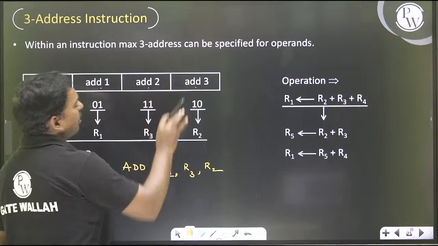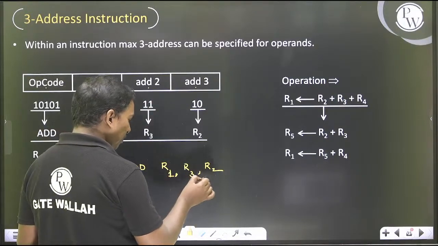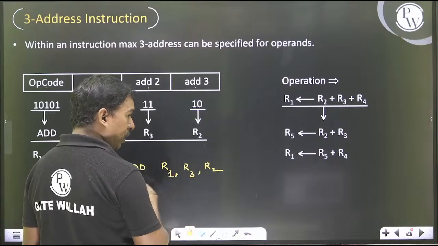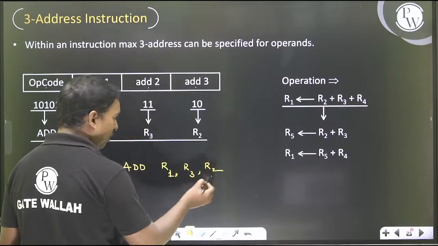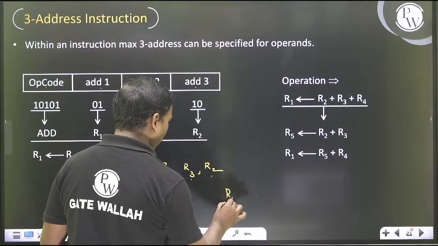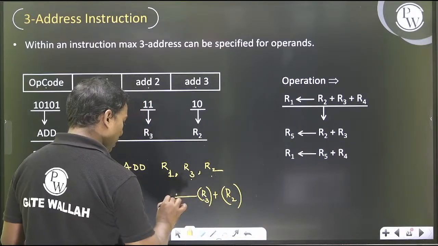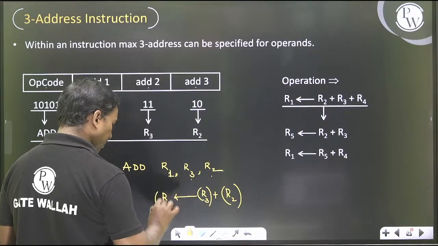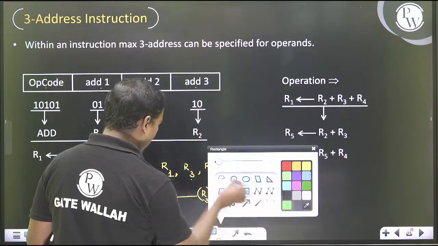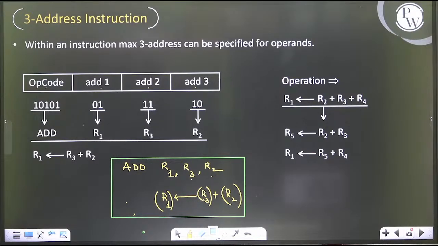The 3 address fields are completely utilized. The contents of R2 and R3 will be added, the result is stored in the R1. So this is what we call as add instruction. Okay, so these are 3 address instruction.